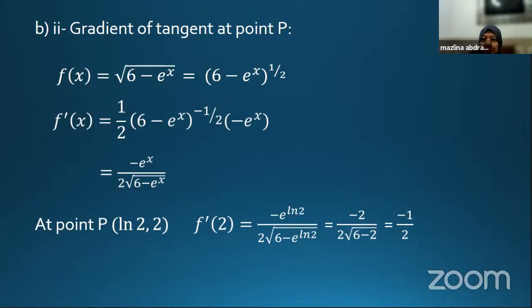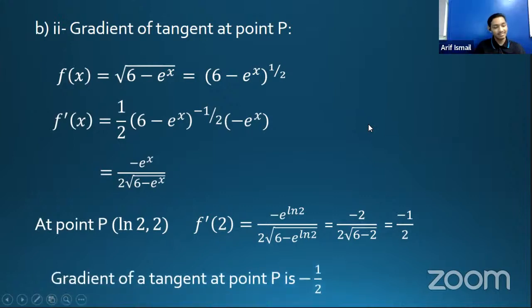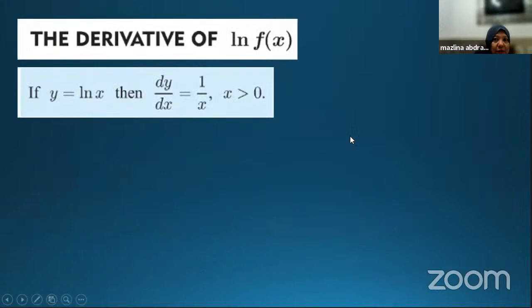Boleh? Boleh teacher. Yeah. So you just follow the method. How to differentiate the exponent, macam biasa. You must follow the method. Ya, sebab dia adalah sebenarnya simple, straight away. Okay, done this question. Any question on this? Clear? Alright. Clear teacher. Okay, so gradient of the tangent is negative half for this question.